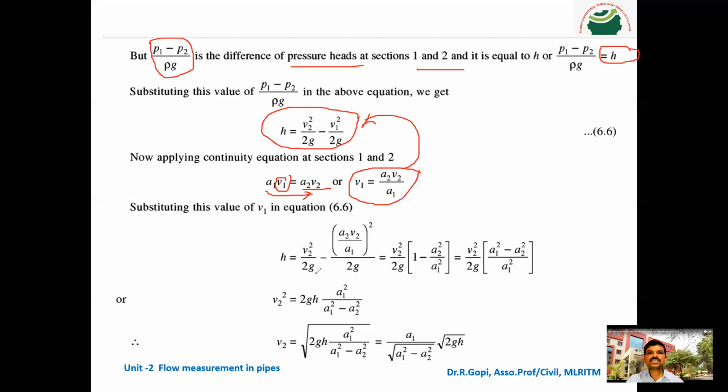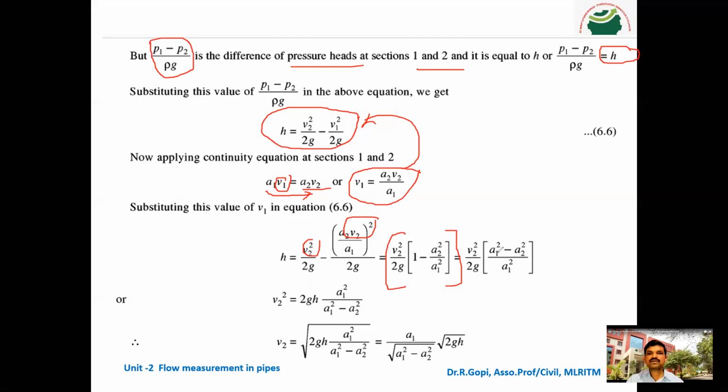Here 2g is there, here 2g is there, here V2 square is there, here also V2 square is there. So take it as common outside of the bracket. V2 square by 2g, take it as common. So 1 minus A2 square divided by A1 square, which is equal to V2 square by 2g.